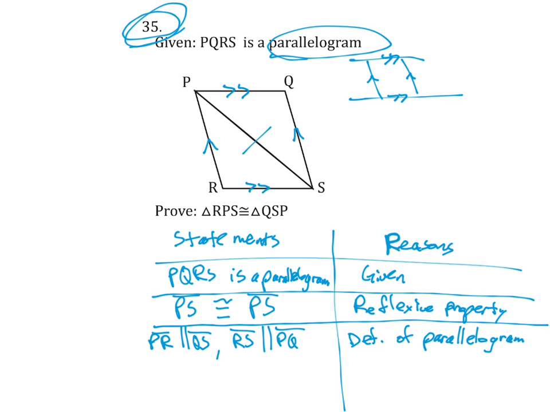Well, if you have parallel lines and they're being cut by something, namely this thing, then these parallel lines cut by this transversal make a lot of angles, and a lot of the angles are congruent to each other. So I want you to think real hard about what sort of angles could be congruent.